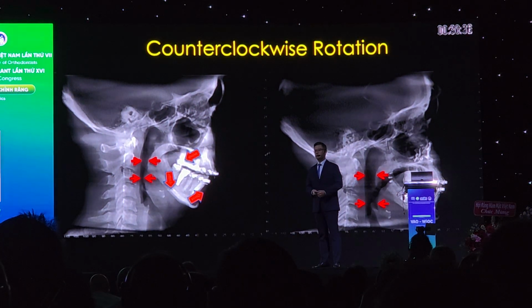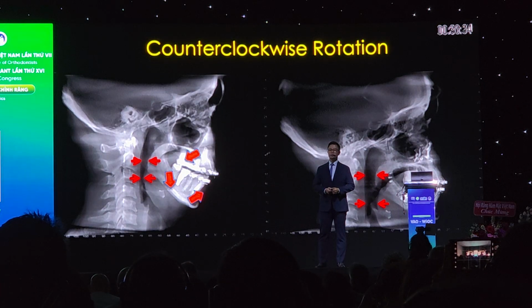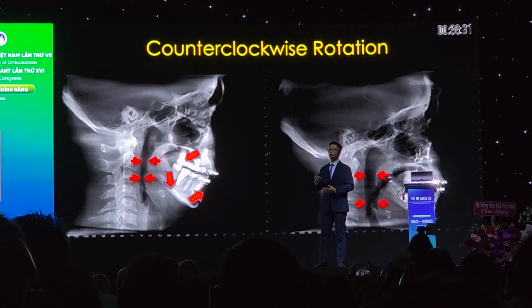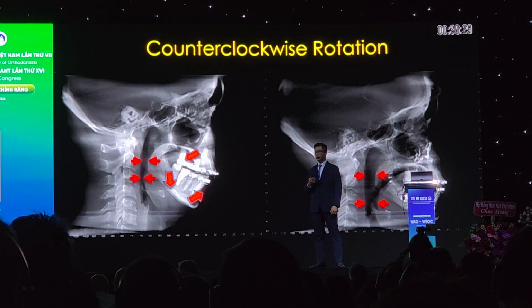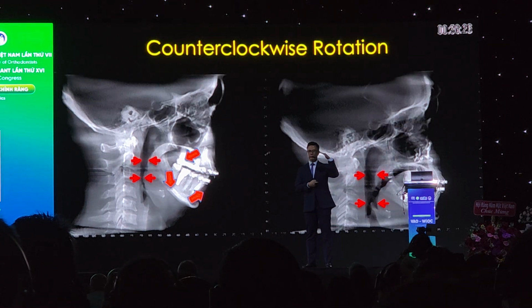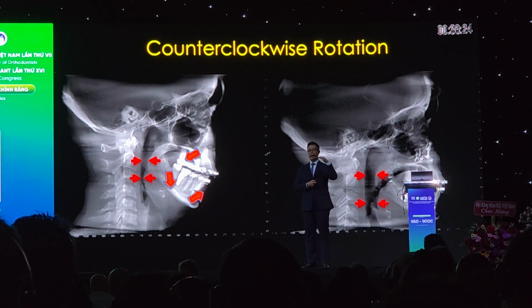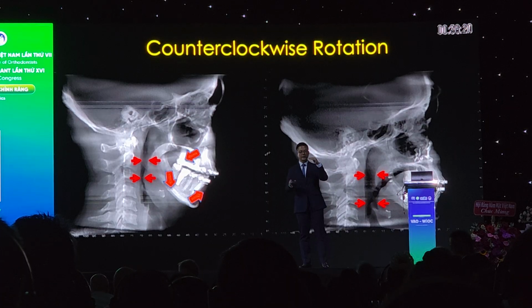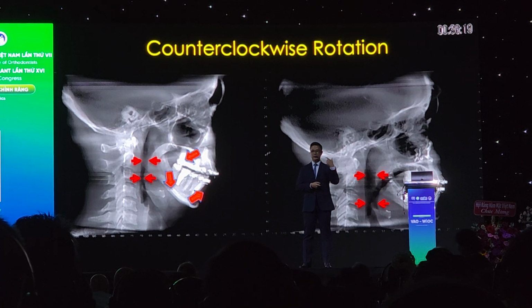And over the last decade or so, our surgeons focused more on counterclockwise rotations. You have probably heard about counterclockwise rotation. Why counterclockwise rotation? Because you like to flatten the occlusal plane, and you don't need to bring the upper jaw forward a lot. Most of the aesthetic side effects are related to maxillary advancement.